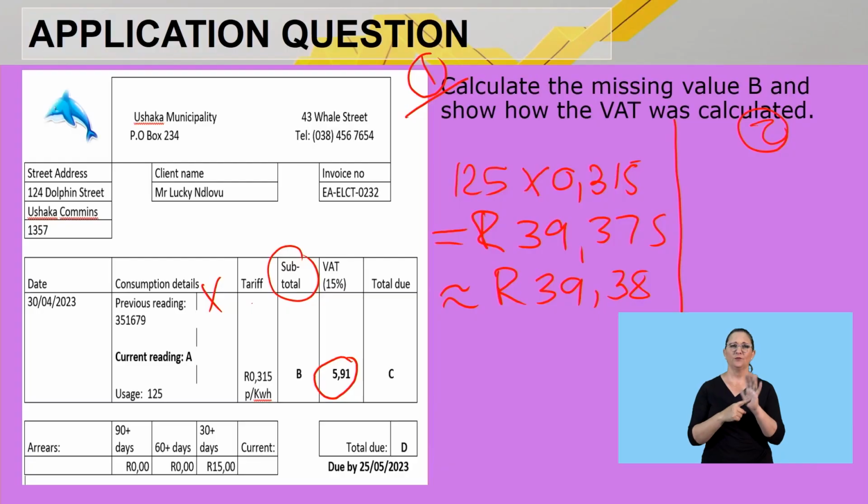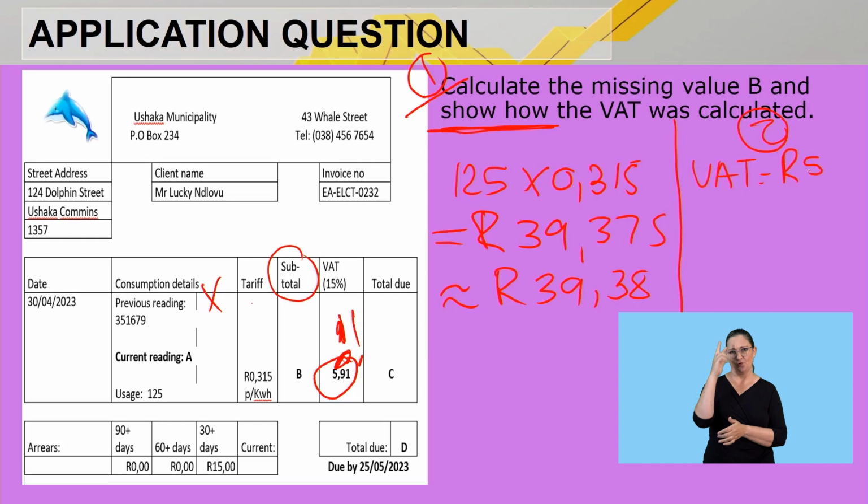The second part of this question is show how the VAT was calculated. Now, the moment they ask us to show something, we are not allowed to use the amount they gave us. So we know the VAT is R5.91, but we're not allowed to use those values.